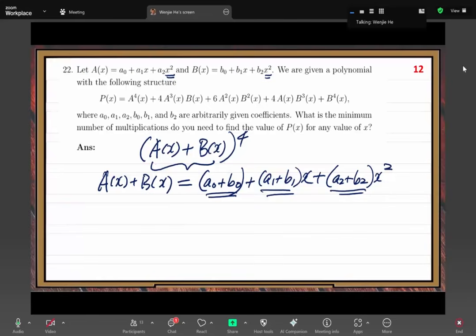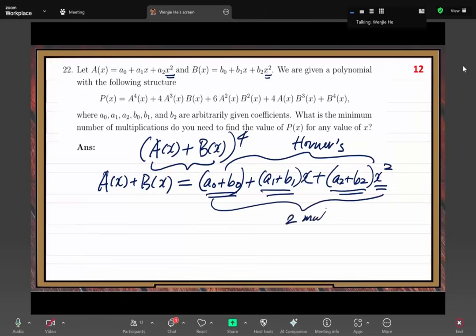So we don't need to worry about additions; we ignore additions. So when you count multiplication, here apply Horner's rule. Then the degree determines the number of multiplications, so that's 2 multiplications, not 3.